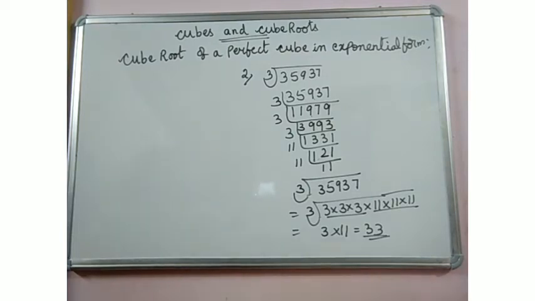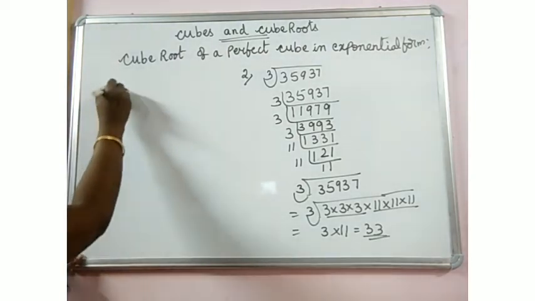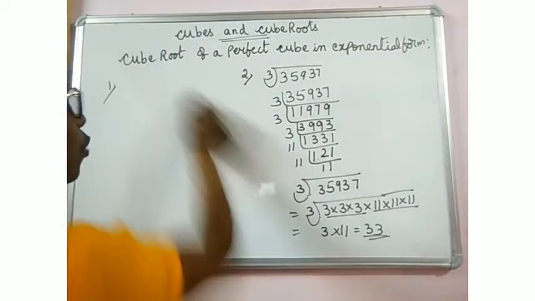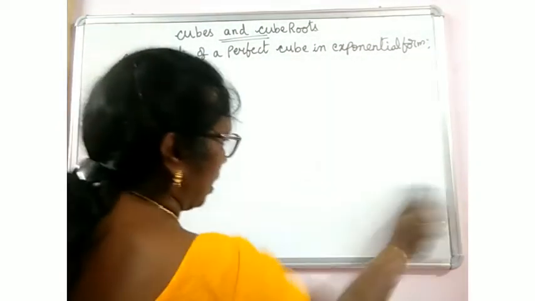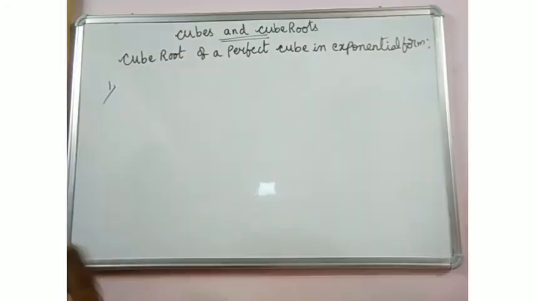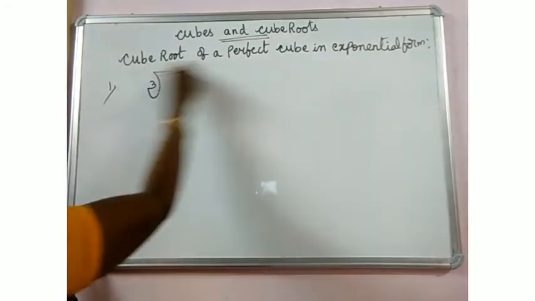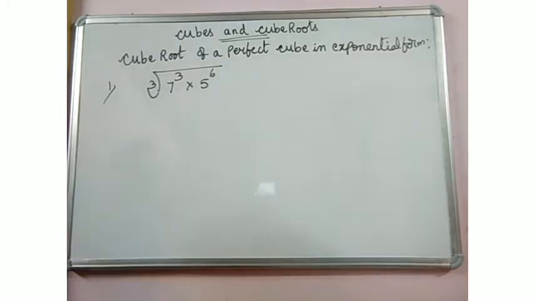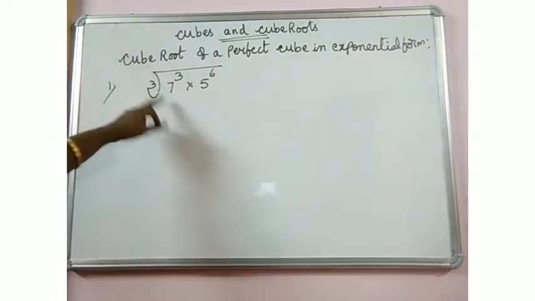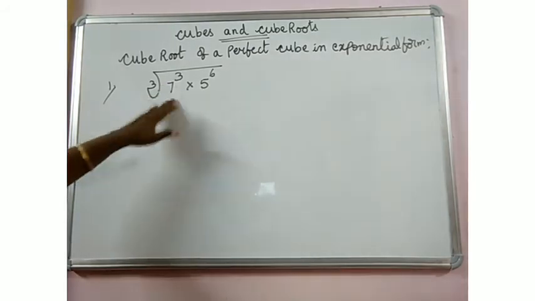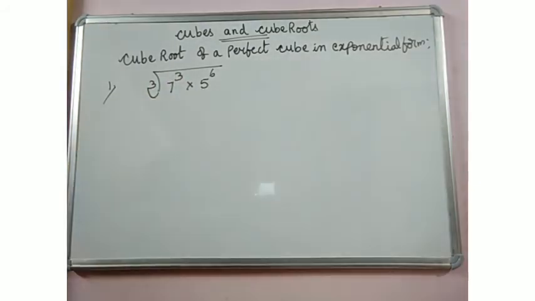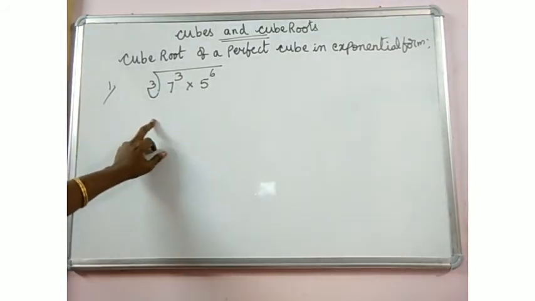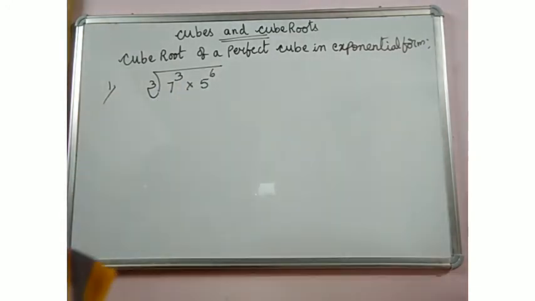Let me explain you one or two examples. The given perfect cube will be in exponential form. Find the cube root of 7 cube into 5 to the power 6. So what you have to do is 7 cube means 7 into 7 into 7. For 3 sevens you have to take one 7. 5 to the power 6 means 6 5s are there.